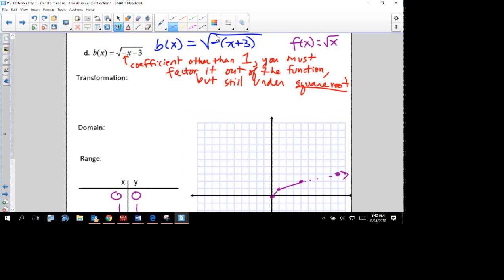Transformation. So we've got a negative sign, and then we have a +3. Both are horizontal because both are underneath the square root. What's the negative do? To reflect, and if you're not sure which axis, then you take your hand and reflect something horizontally and say, what axis is that reflecting over? The y-axis.